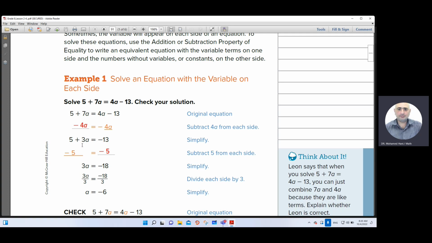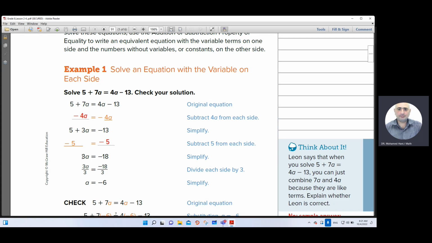What do I do here? We want to keep the variable alone on the same side. So try to remove 5 from this side. How to remove 5? Add the inverse. What is the inverse of 5? Negative 5. So 5 minus 5 will be 0, remains 3a. And negative 13 plus negative 5 will be negative 18.